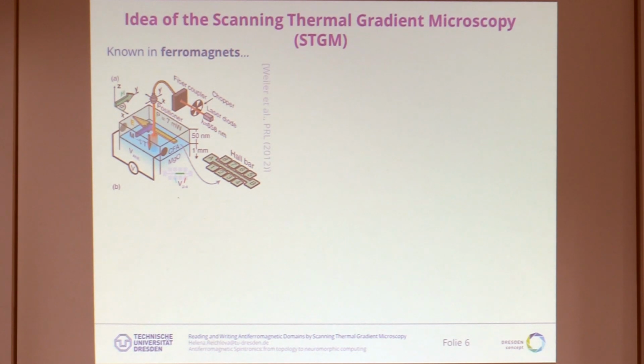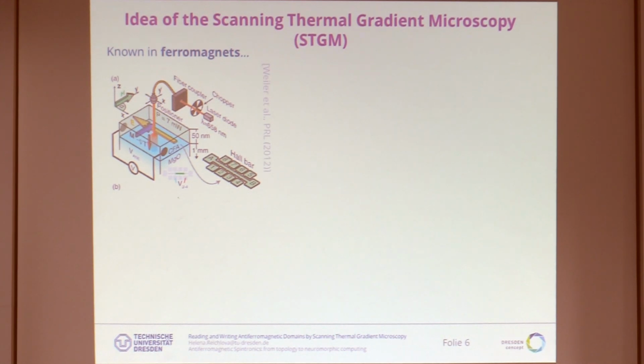So what is the main idea of the scanning thermal gradient microscopy? It's the same as what Jörg was describing. The key idea is that there is a laser. The laser shines on a sample, and it creates a local thermal gradient. And this local thermal gradient is scanned on the sample, and then the global induced voltage is detected, which is perpendicular to some magnetic order, and therefore it reflects the local magnetic order on the spot where the laser was shining.